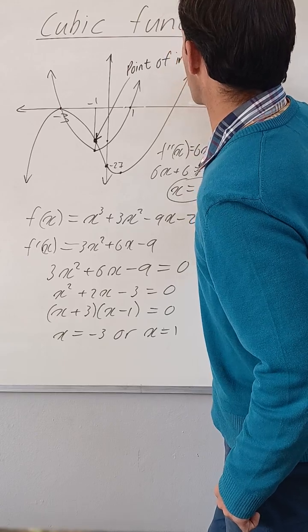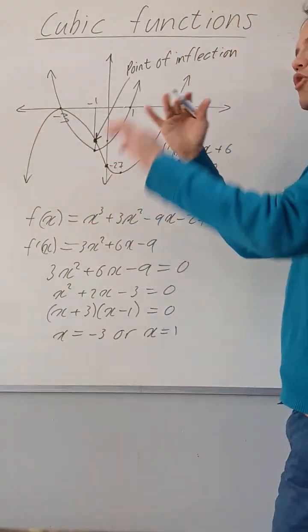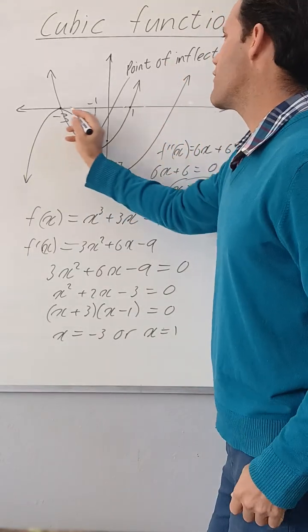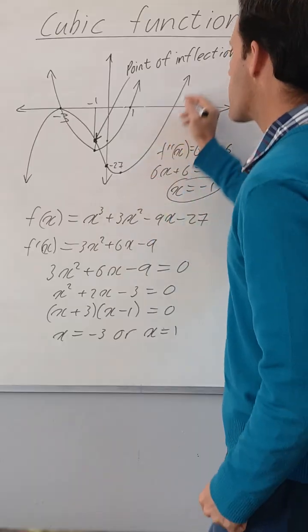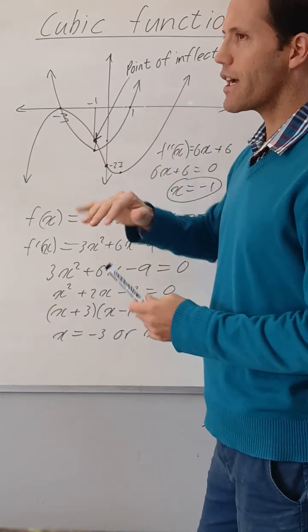And that's where the graph, the cubic function, changes either from concave up to concave down, or from concave down to concave up. In this case, it's concave down up to there, and then it's concave up from there. And that means the concave down and concave up.